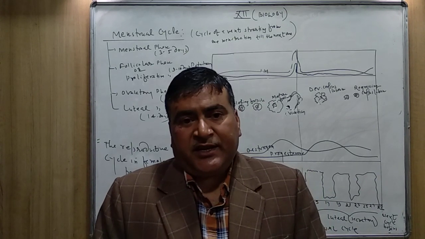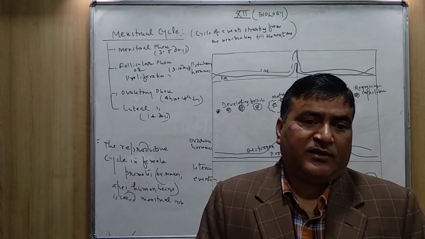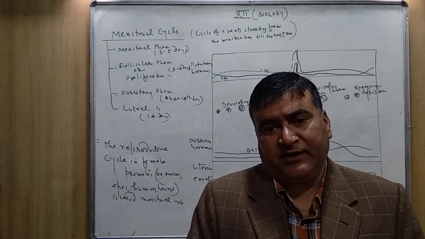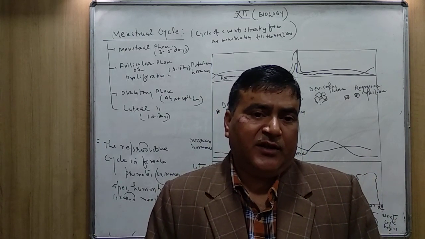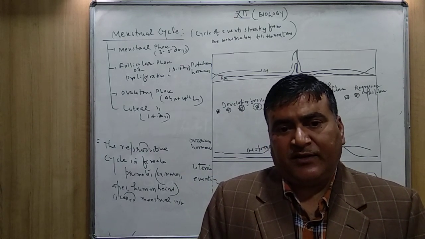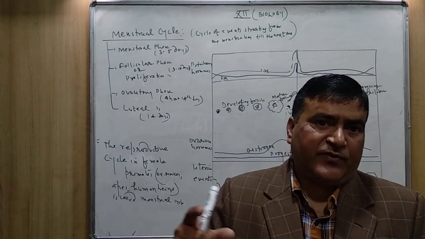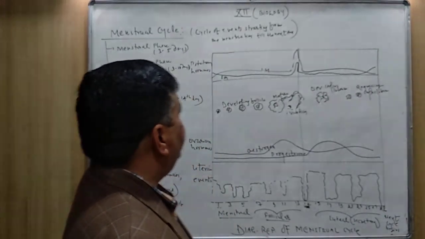It means the menstrual cycle starts in menarche and finally stops in the menopause. The whole process of the menstrual cycle, which lasts for 28 to 29 days, is completed in the following steps.